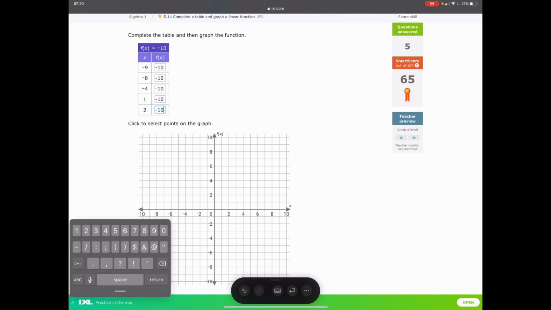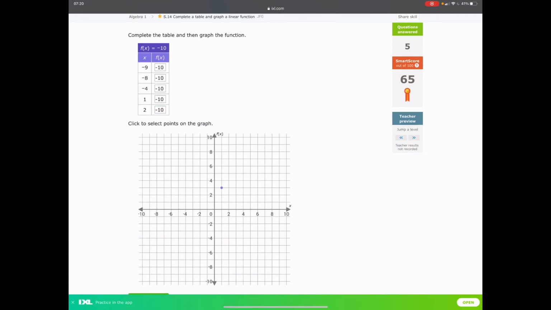So we have (-9, -10). Okay, so that's (-9, -10). And then (-8, -10). So (-8, -10), (-9, -10). And then all of them are negative 10.